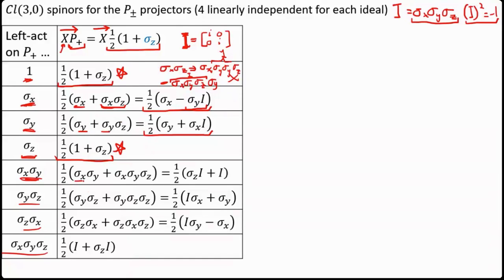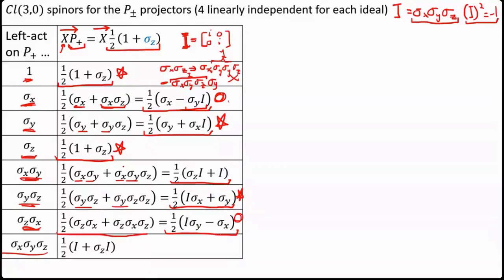If we multiply xy onto the projector, we get this. If we multiply yz onto the projector, we get this, which is actually the same as this, so that's interesting. This multiplied onto the projector gives this, which is almost this.